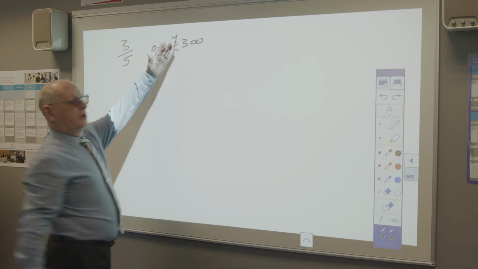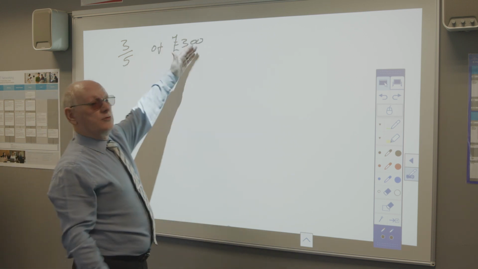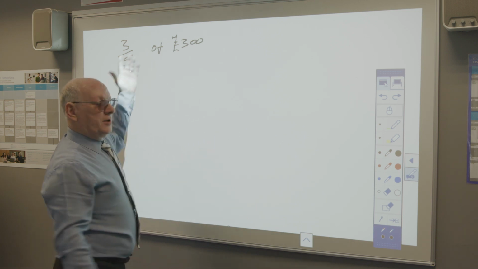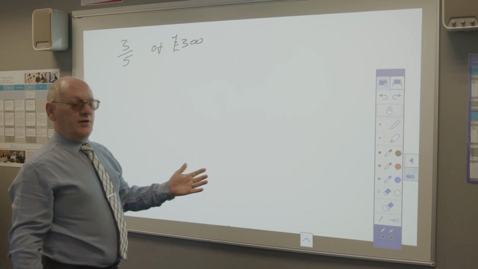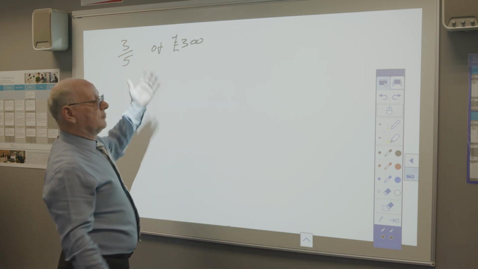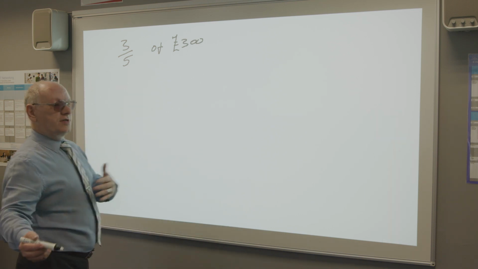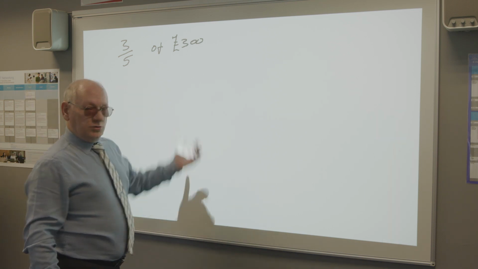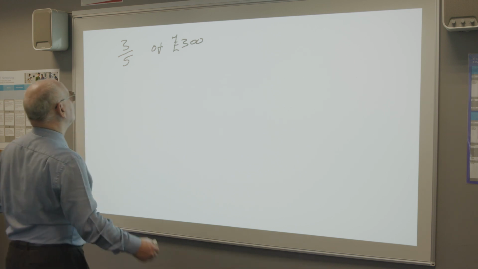I'll keep using money. Doesn't matter. Could be 300 anything. The previous one could have been 250 anything. I'm just using money because people tend to understand it better when it's money.